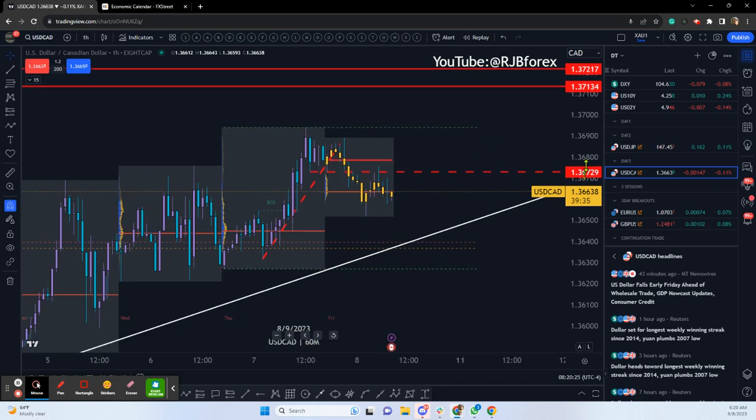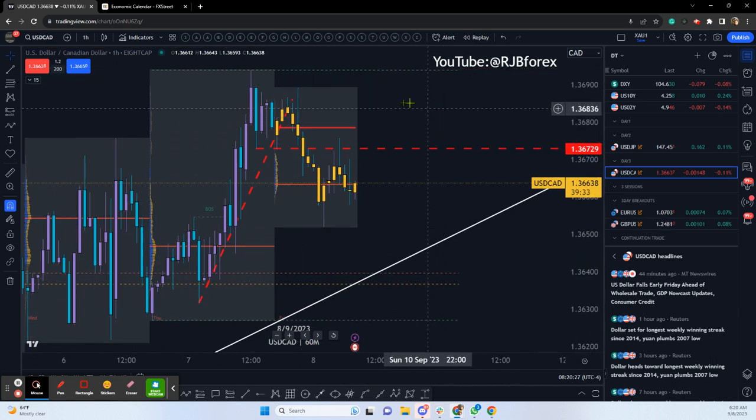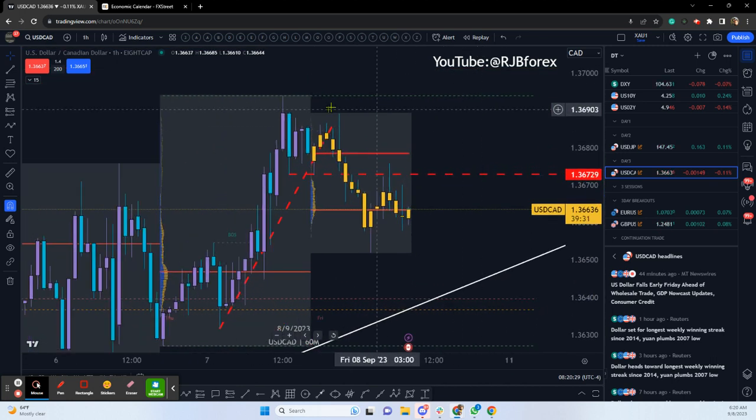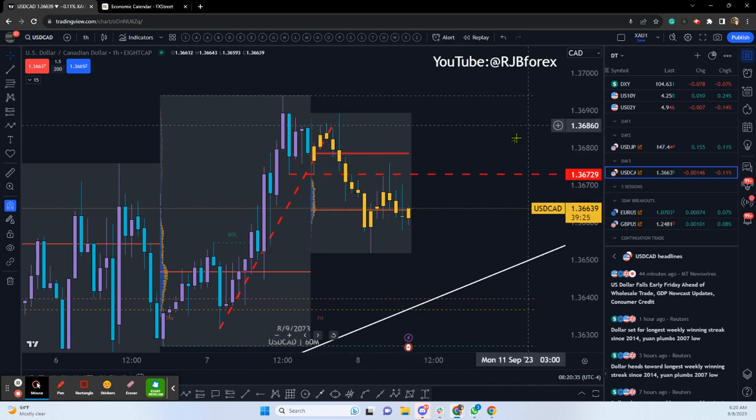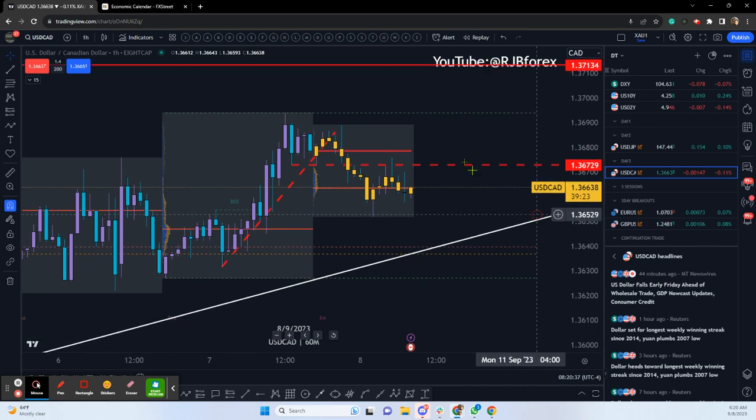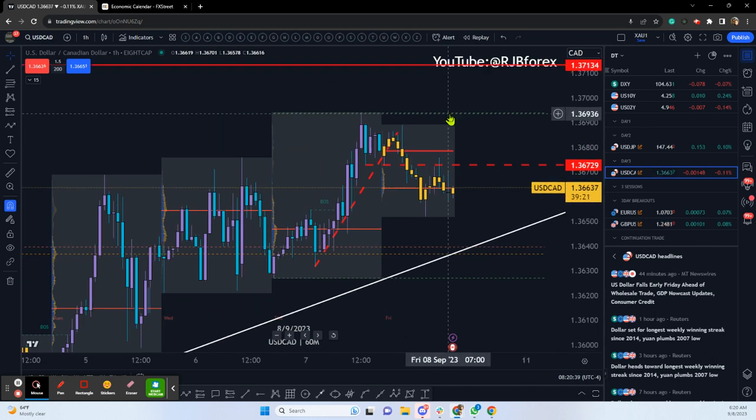So we're looking to sell high in dollar CAD, but we need to wait for the data. All right, it's an inside day. That's why these candles are yellow. It's inside of yesterday's range. Therefore, we're targeting either the highs or the lows.